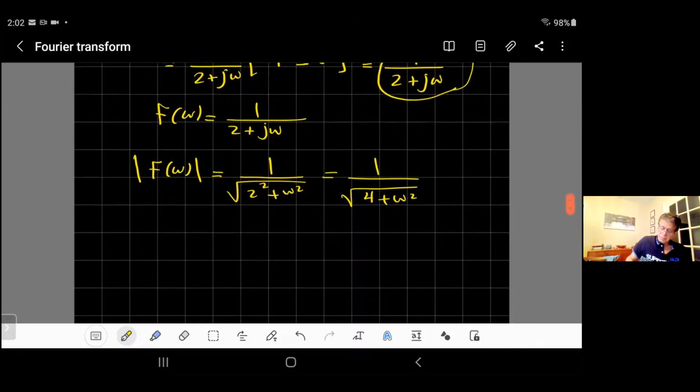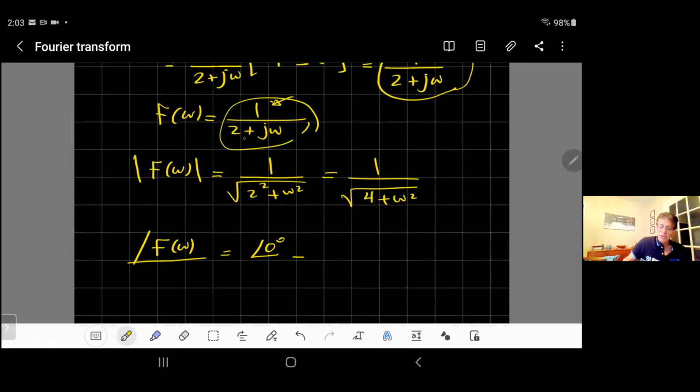And the angle of the Fourier transform will be equal to the angle of the top, 1, which is 0 degrees, and the angle of the bottom, with a minus. So when you have a rational function like 1 over (2 + jω), you will have the angle of the top minus the angle of the bottom.